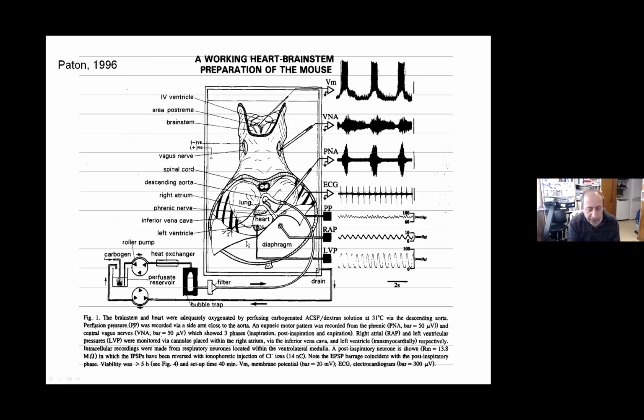So it's quite complicated. It's like a zombie preparation, I call it, because it has no brain, the rest of the body is cut away. And why is it complicated?